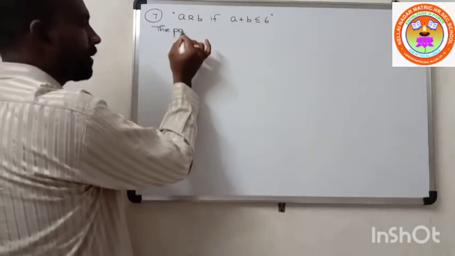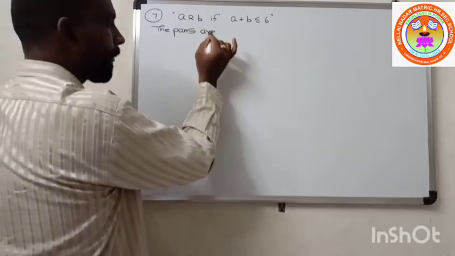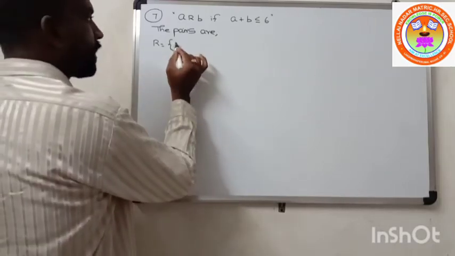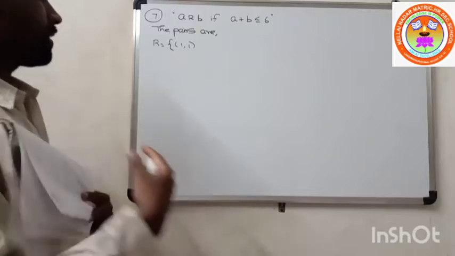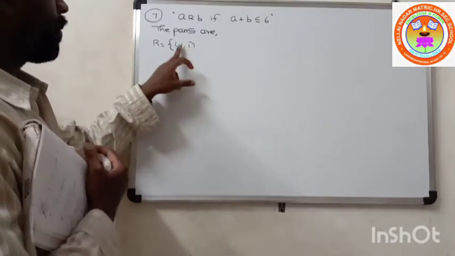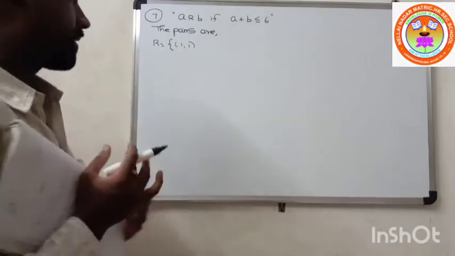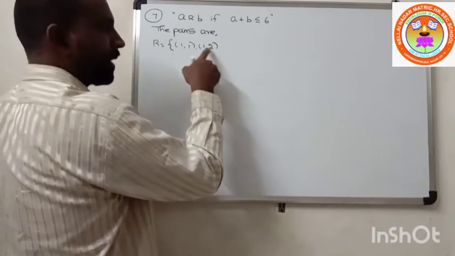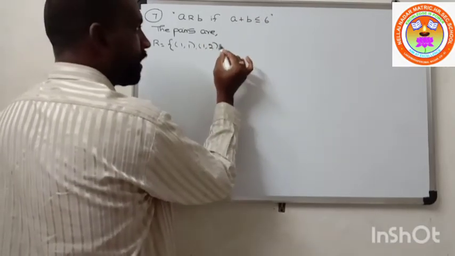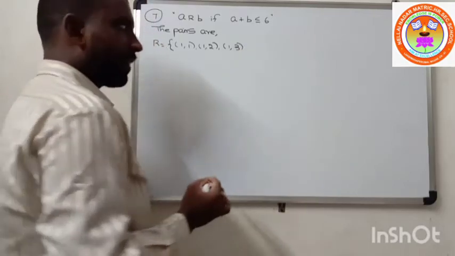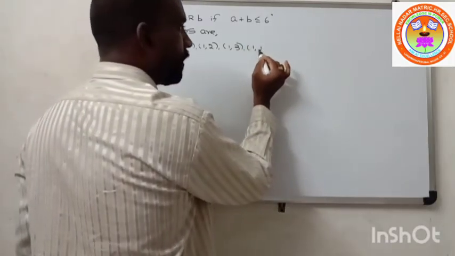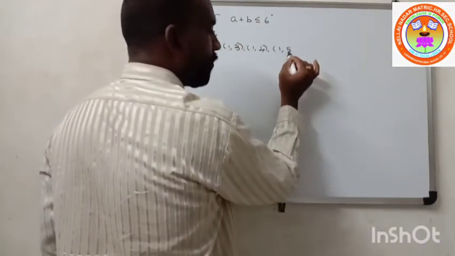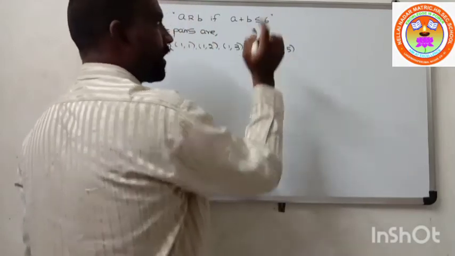The pairs are 1 comma 1, because 1 plus 1 is 2, less than or equal to 6, condition satisfied. Then 1 comma 2, 3, satisfied. 1 comma 3, 4, less than or equal to 6. 1 comma 4, 5. 1 comma 5, 6, correct.